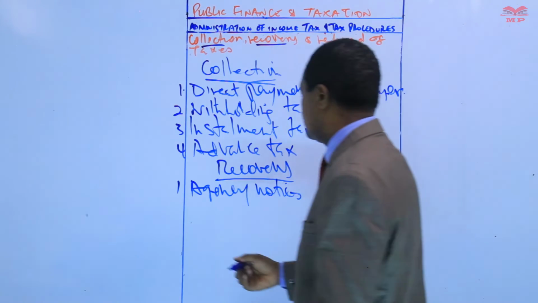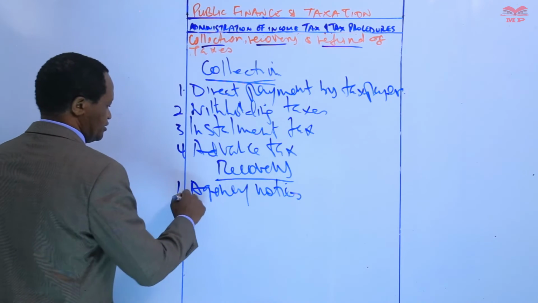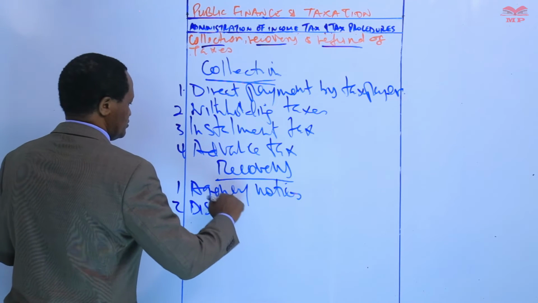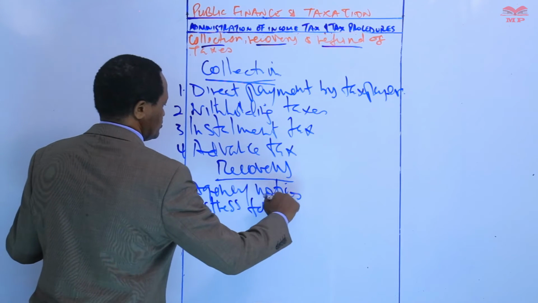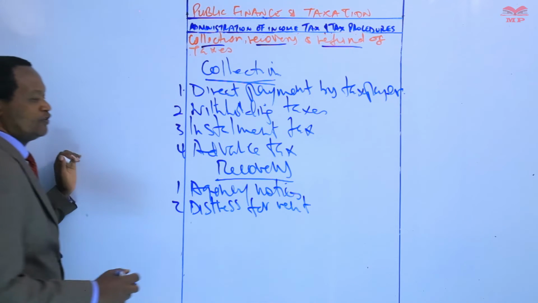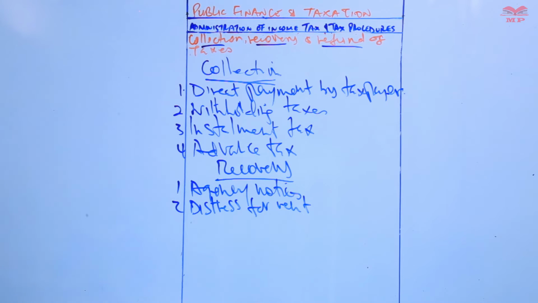Number 2, distress for rent. KRA can seize and sell the movable property of a taxpayer who has failed to pay tax after a demand notice.